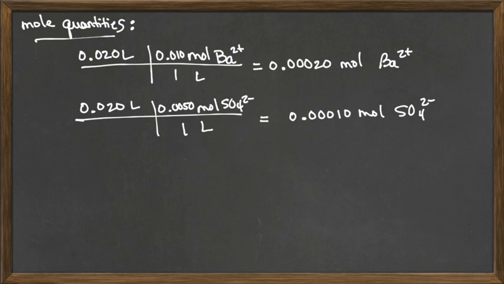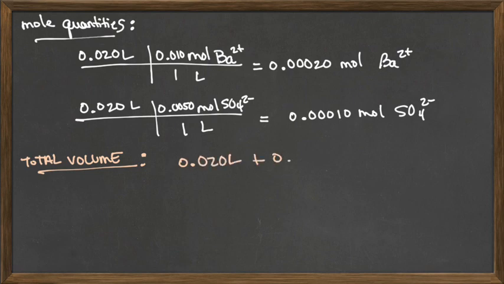The second step, we are looking for total volume. Well, total volume of this right here, we have 0.020 liters plus 0.020 liters. That's the volume of each of the solutions. So 0.040 liters of total solution here.